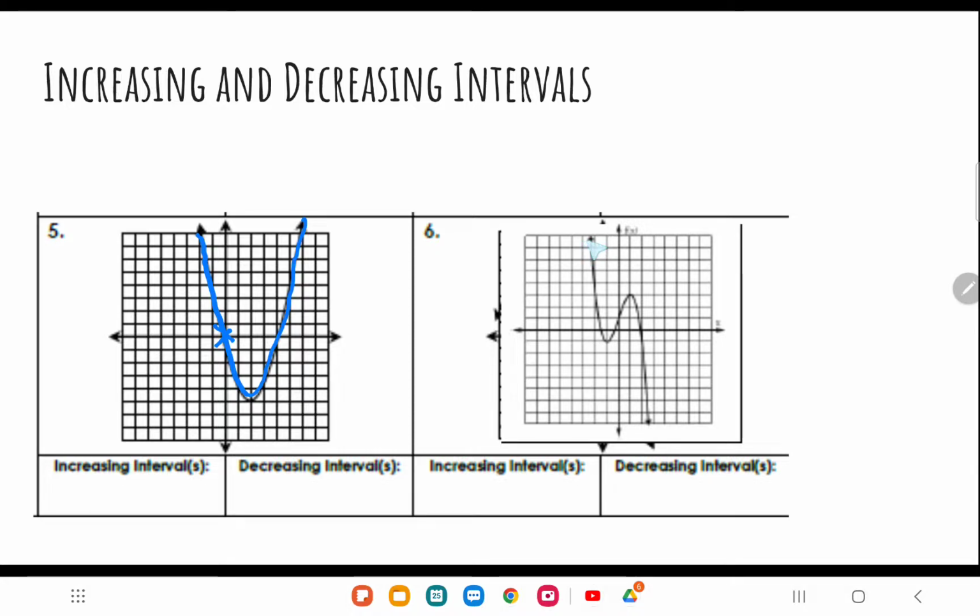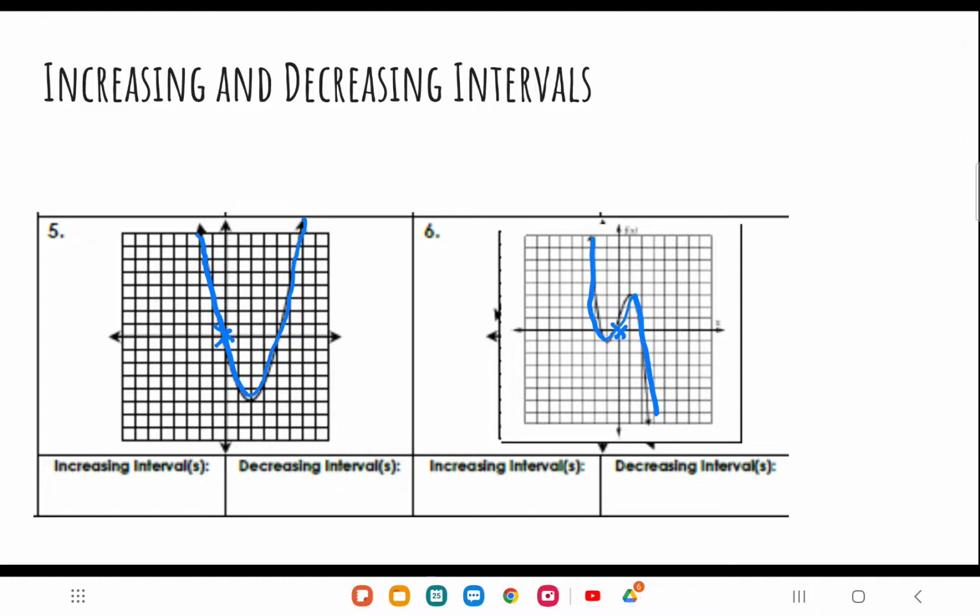And we have this cubic function, which I'll also sketch so we can see a little better and mark the interval. When we're talking about intervals of increase and decrease, we are talking about x values, not y values. So we want to know what x values or input values are those increasing or decreasing intervals.